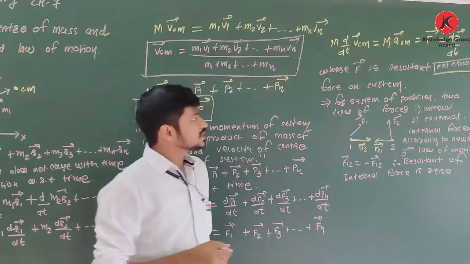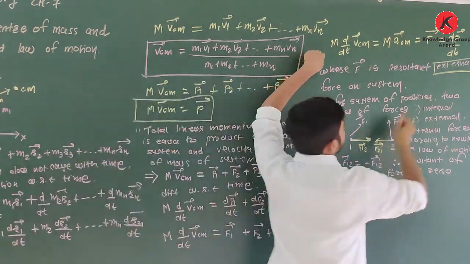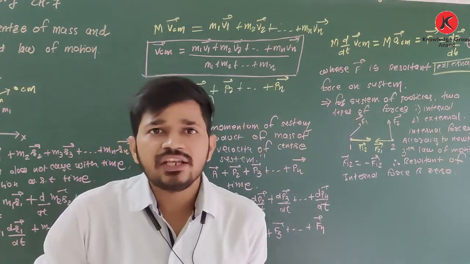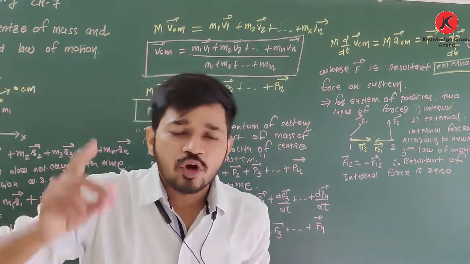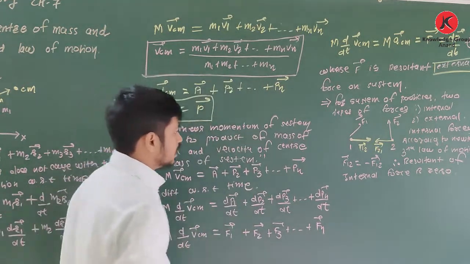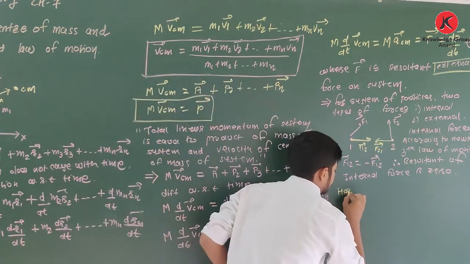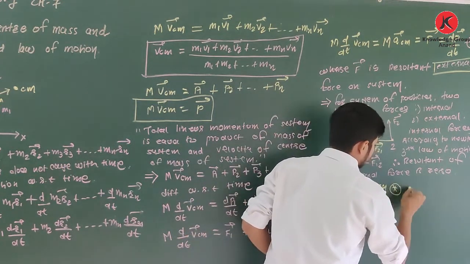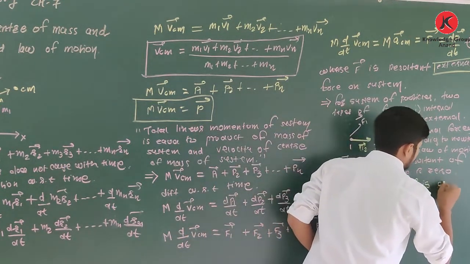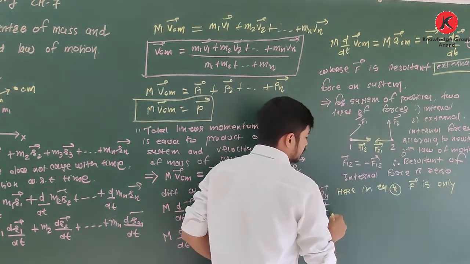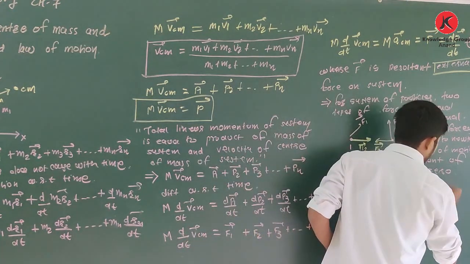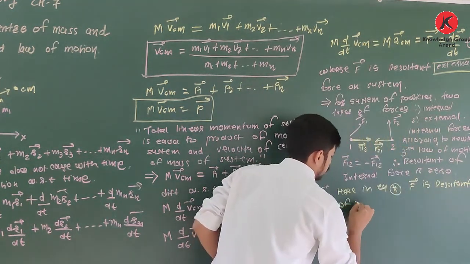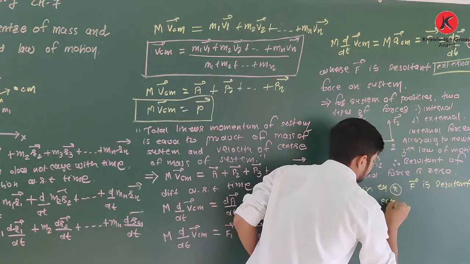Resultant of internal forces is 0. So in this equation star, F is only the resultant of external forces.